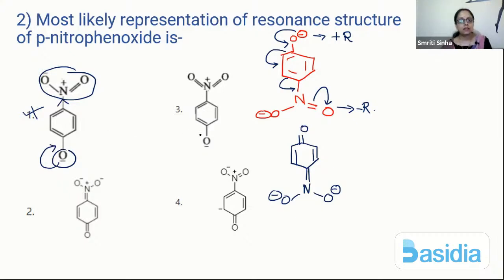Next, in this structure, obviously the nitro cannot have two double bond O. Next is this structure. This is one of the resonating structures which is possible, but this is not more stable because negative charge is more stable on the electronegative atom rather than on carbon, and therefore your more stable structure is option B that we have drawn here.